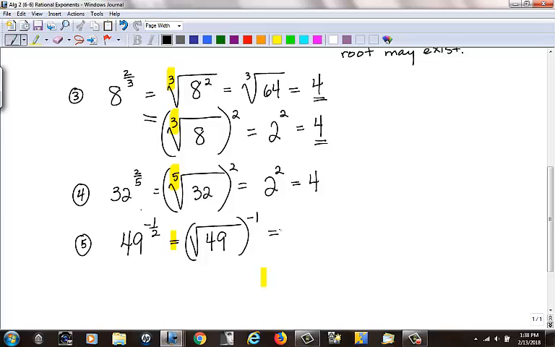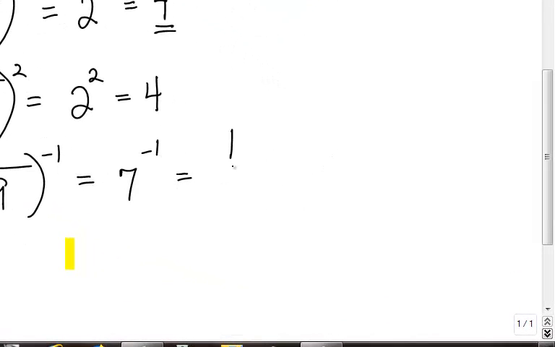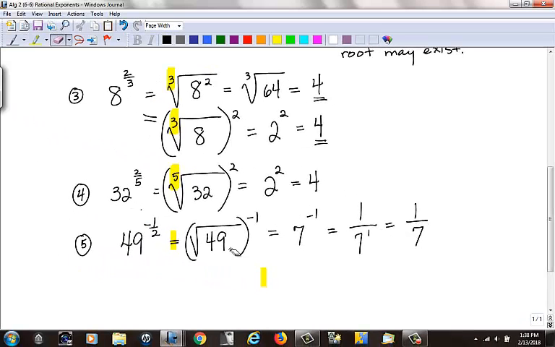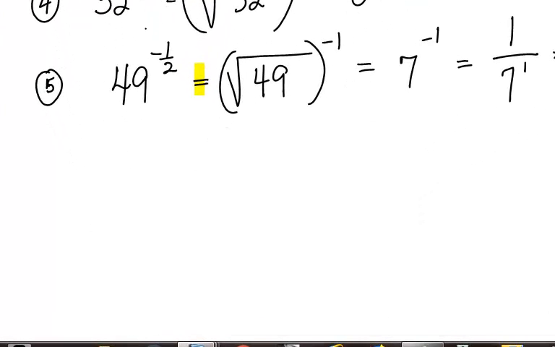Square root of 49 would be 7. 7 to the negative 1 power would be 1 over 7. All that's going to do is move that 7 down to the denominator and make it a positive 1. So 1/7 should be your final answer. Got to be careful with the negative powers.